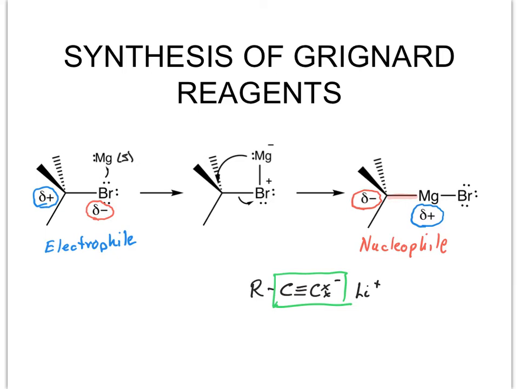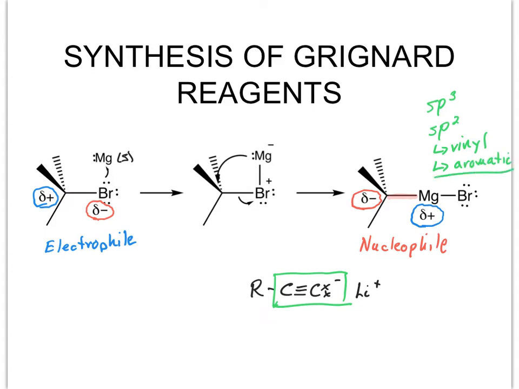The nice thing about Grignards is that if we start with an alkyl halide, the Grignard works on sp3 hybridized carbons and sp2 hybridized carbons. So it'll work on alkyl halides, it'll work on vinyl halides, and it'll work on aromatic halides.